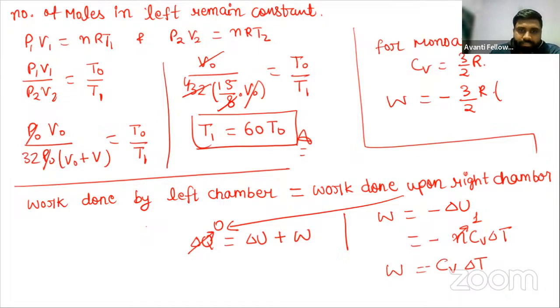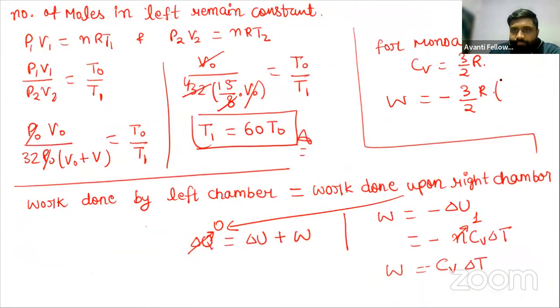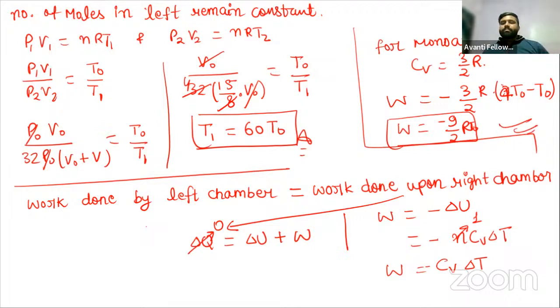Initially the temperature was T naught and the final temperature is 4 T naught. So delta T will become 4 T naught minus T naught, which is 3 T naught. So work done here will be minus 9 by 2 times R T naught. Okay. So this is the work done in this process.